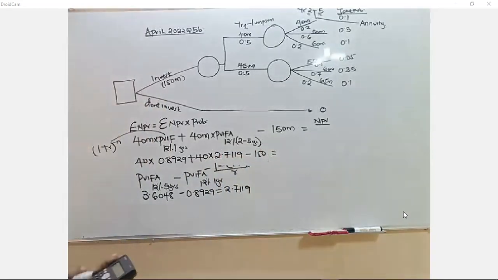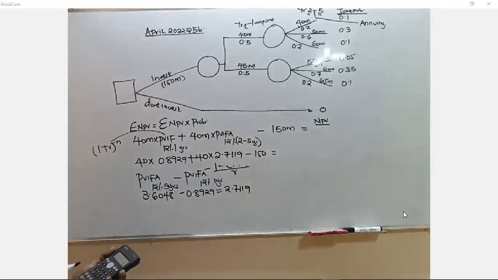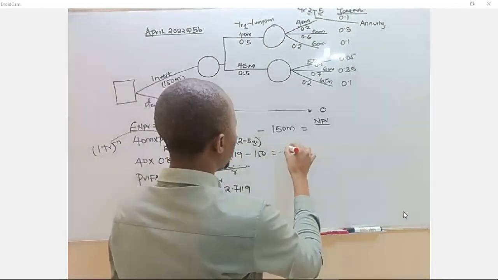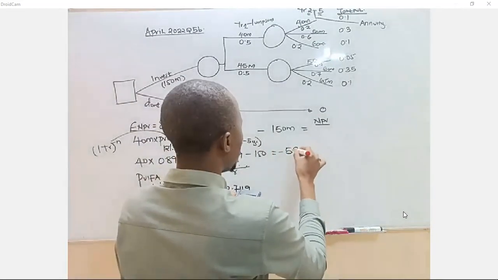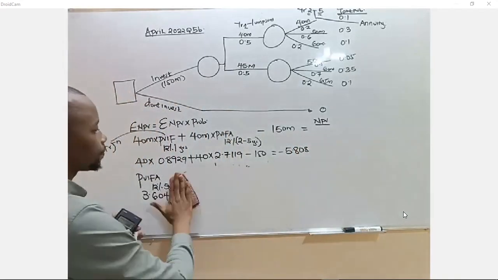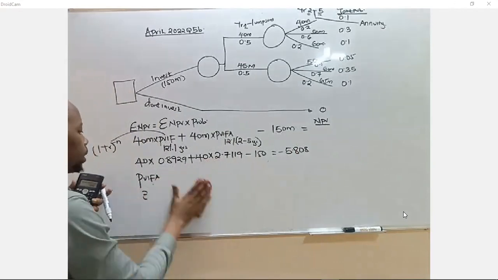I just need to put this data in my calculator. I say 40 times 0.8929 plus 40 times 2.7119 minus 150. And we're going to be getting negative 5.808. That is the first one.